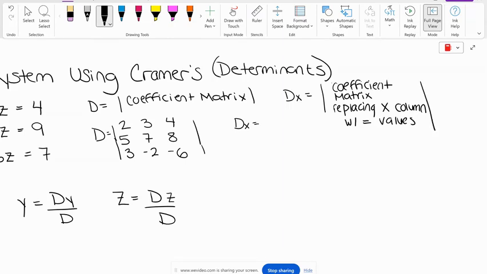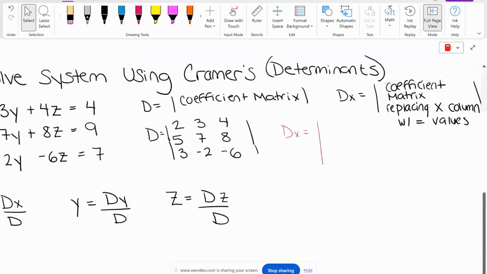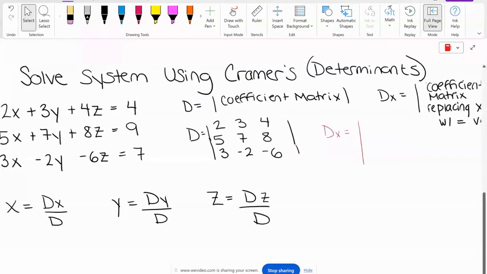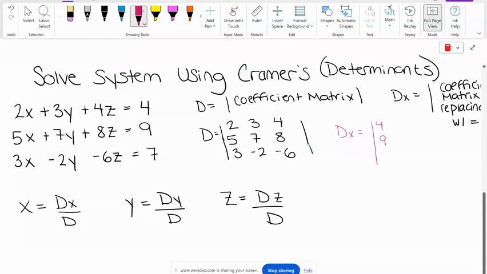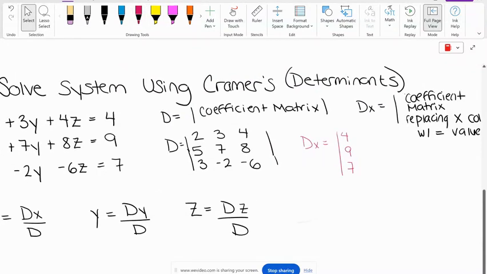All right, so D sub x is the coefficient matrix, but we're now replacing the x column with the equal values. So D sub x will equal the determinant. And now I'm taking that whole first column, 2, 5, 3, and I'm replacing it with 4, 9, 7. The other columns stay the same.